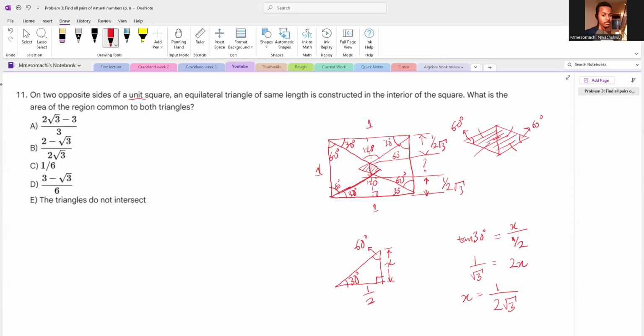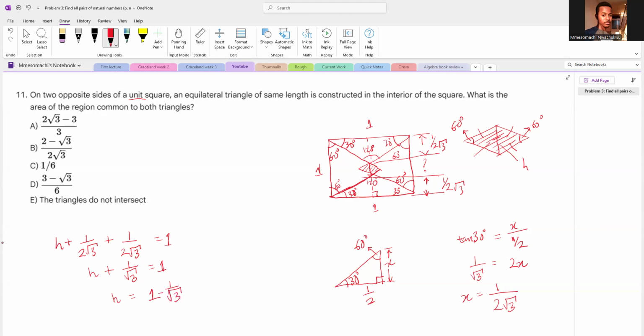Let's call this length h. So h plus 1 over 2 root 3 plus 1 over 2 root 3 equals 1. 1 over 2 root 3 plus 1 over 2 root 3 is just 1 over root 3. This simplifies to h plus 1 over root 3 equals 1, and then h equals 1 minus 1 over root 3.